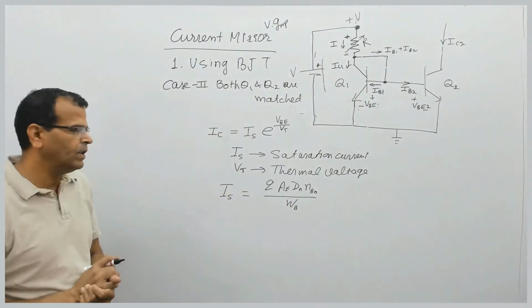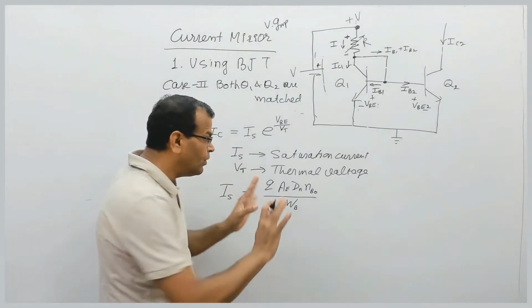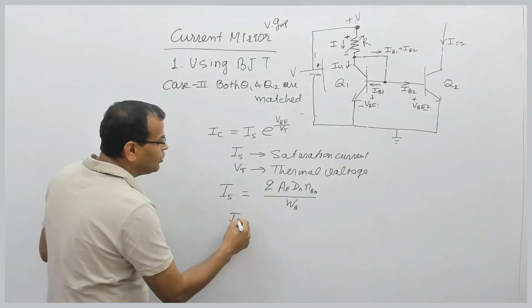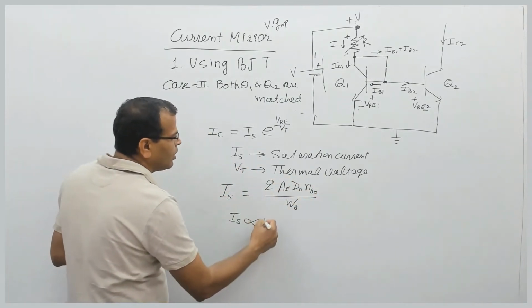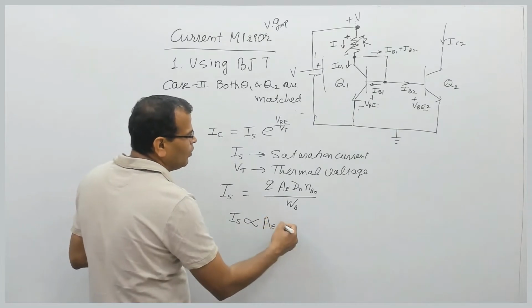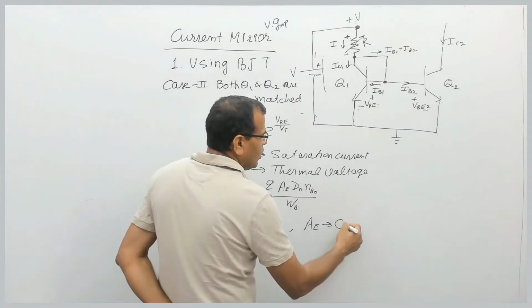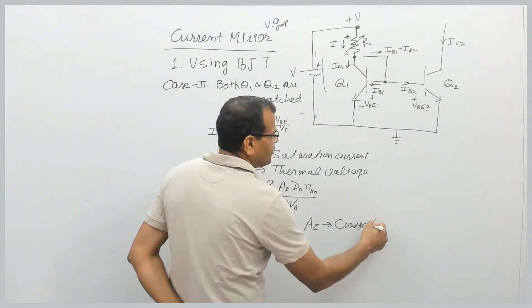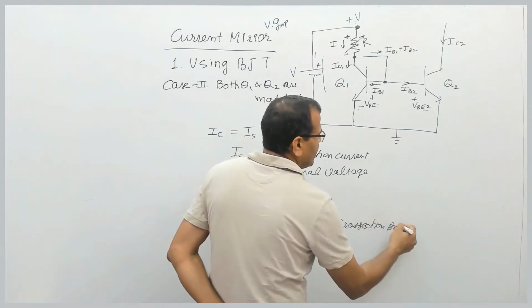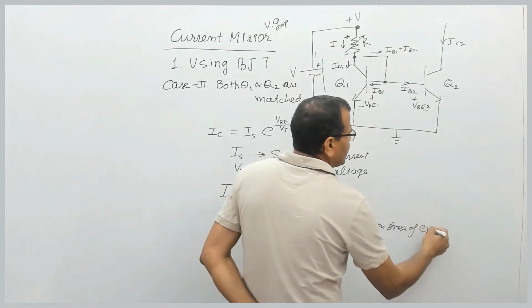Please remember this expression if you can. If you cannot remember, at least you should remember the saturation current is directly proportional to A, that is, the cross section area of the emitter junction here.